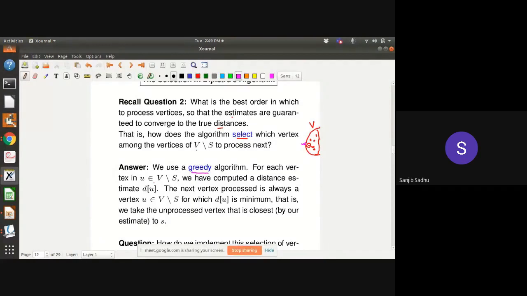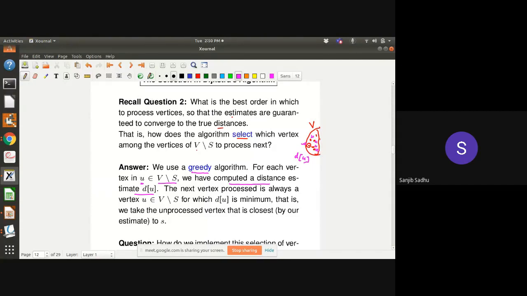For each vertex u that belongs to V minus S, we have computed a distance estimate du. I have computed du values for all these u. Now, which one is the minimum?